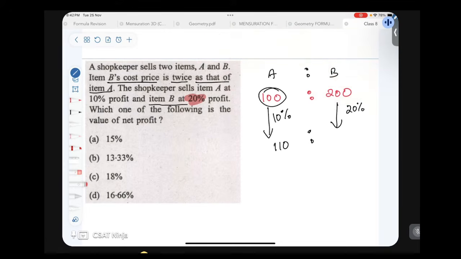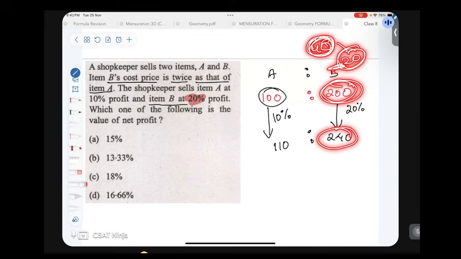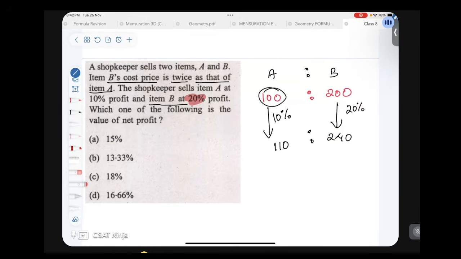So it will be 200 plus 40, which is 240. Since there is an increase of 20%, 10% of 200 is 20, and 20% will be 40, double of this one. So from 200, if 40 is increased, it will be 240.